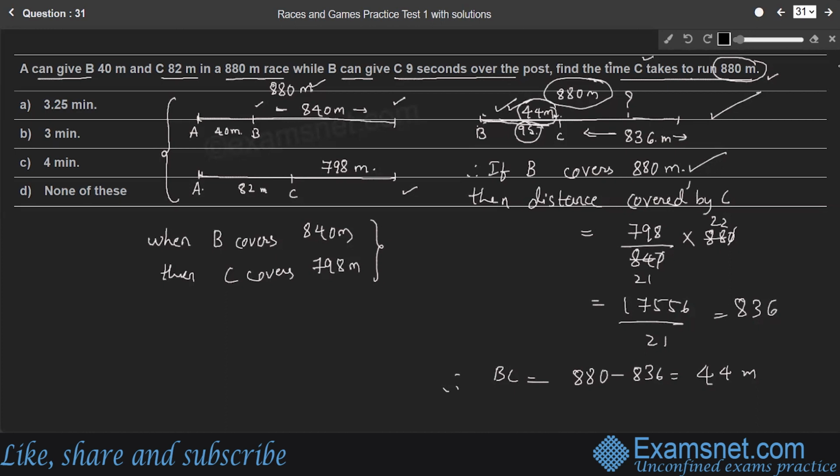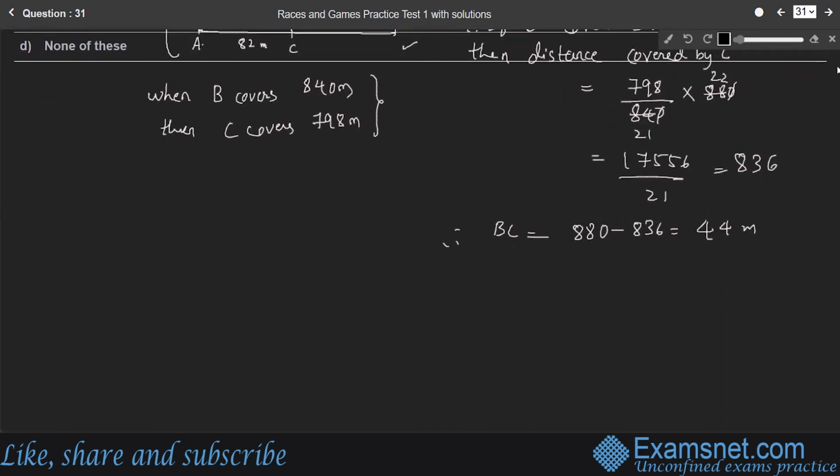Therefore, the question: find the time C takes to run 880 meters, right? Therefore, to cover 44 meters, C takes 9 seconds, which is already given.